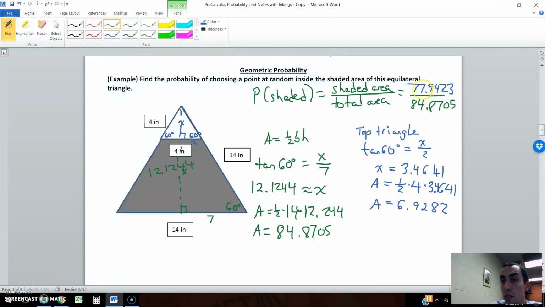Then, to find the probability, we need to divide numerator by denominator, and we're going to get approximately 0.9184. When we divide that out, that's about 91.8% probability of a random point falling inside the shaded area.